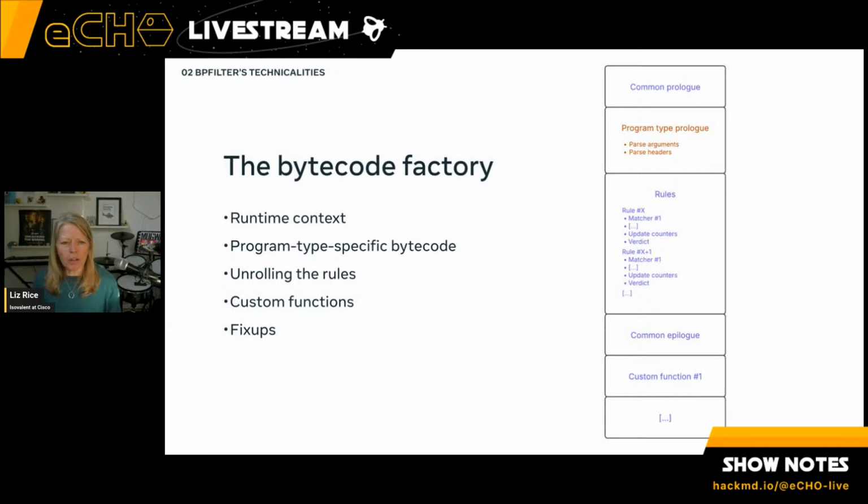And I'm wondering whether the part of the program that we saw being generated in the debug output is essentially this rules part, and there's some common prologue and epilogue function. Perhaps that's my speculation.